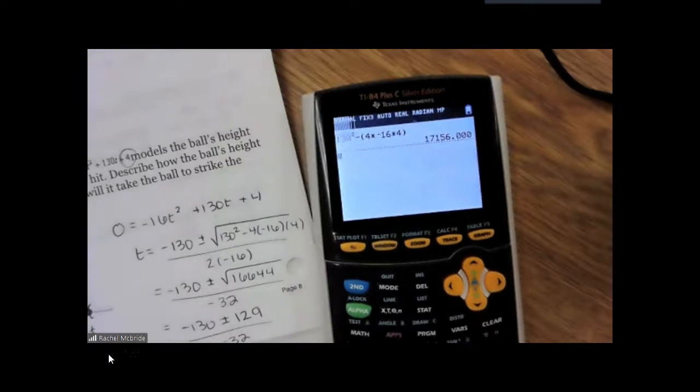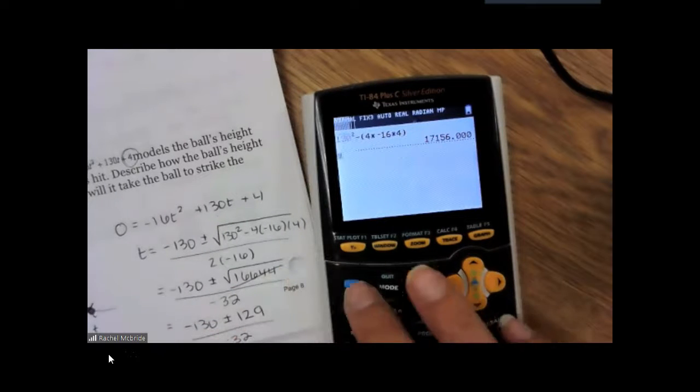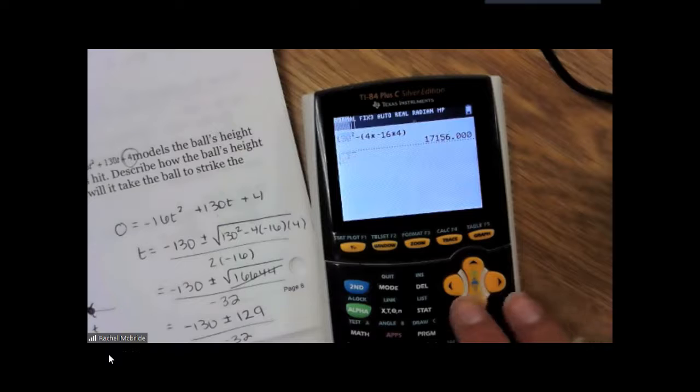There we go. So it should be 17,156, not 16,644. I knew the little calculator wasn't working.